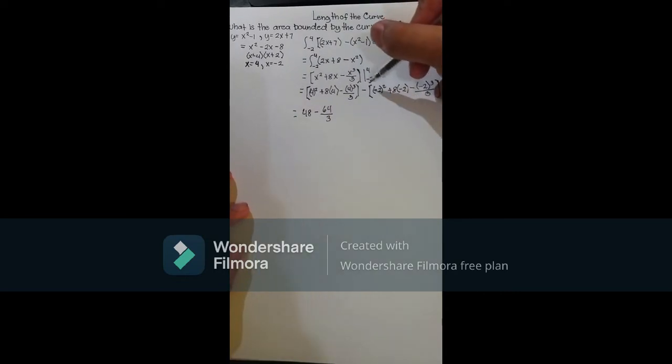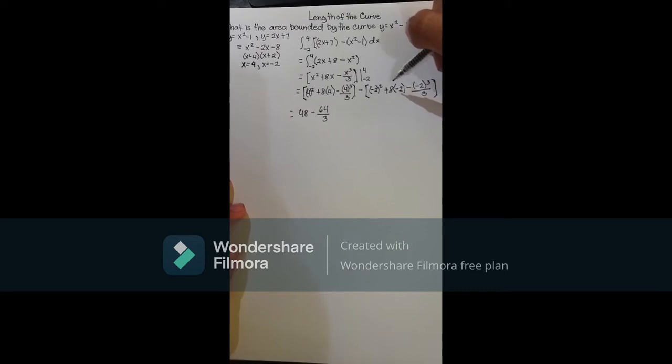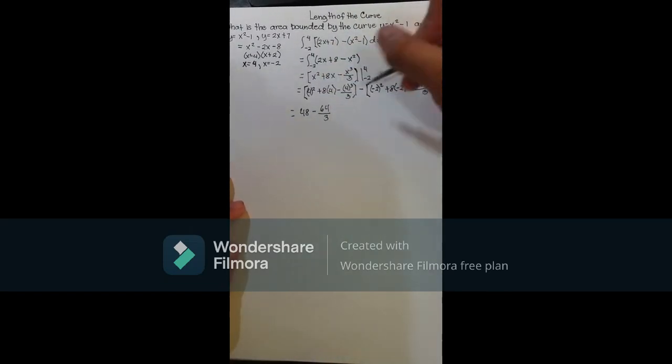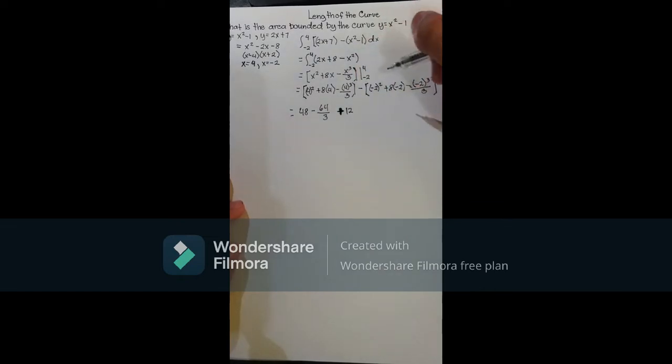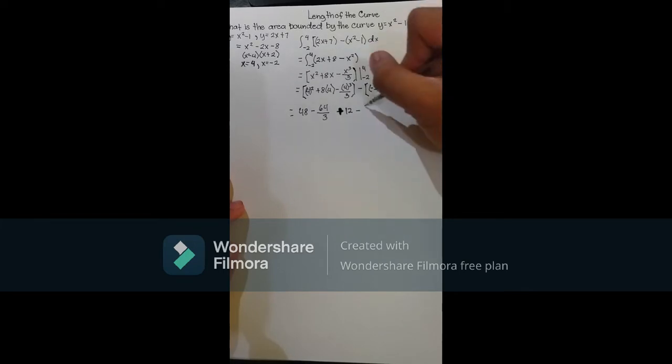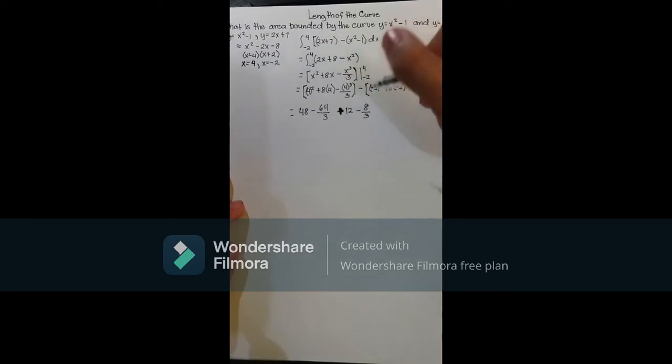So negative 2 squared is 4, plus 8 times negative 2 is negative 16, and negative 2 cubed is negative 8 over 3. So this becomes positive. Combining, we get plus 12 minus 8 over 3.